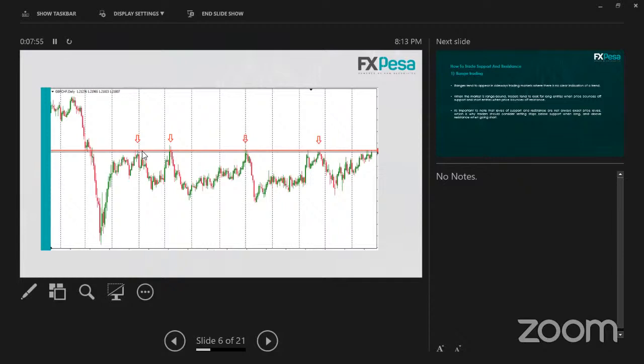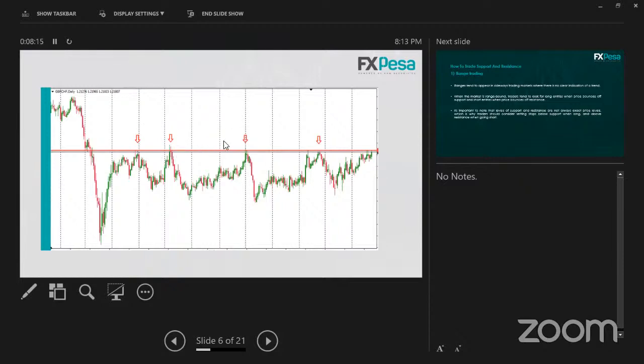And then when you come across this structure on your MT5 or any trading platform, you will know that this is a point where buyers are trying to push the prices up, but there is a lot of supply.